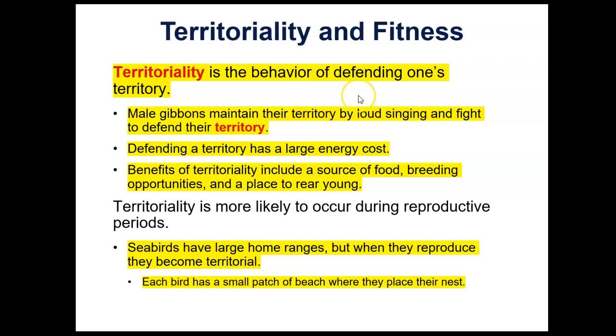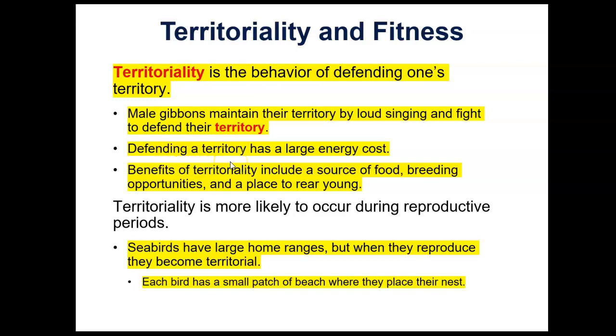They're both male dogs and have both been neutered, but I have one that still engages in marking his territory. Now, male gibbons, which are primates, maintain their territory by loud singing and fight to defend their territory.